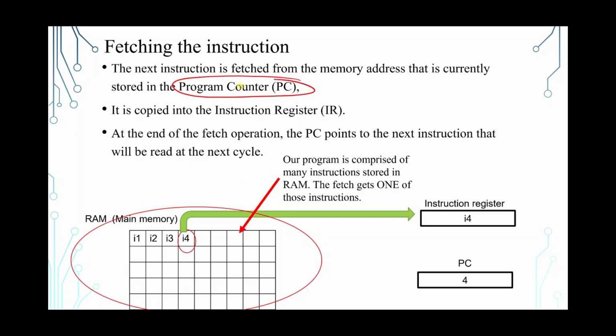At the end of the fetch operation, the PC points to the next instruction that will be read at the next cycle. Remember, we immediately increment the address in the program counter as we fetch.